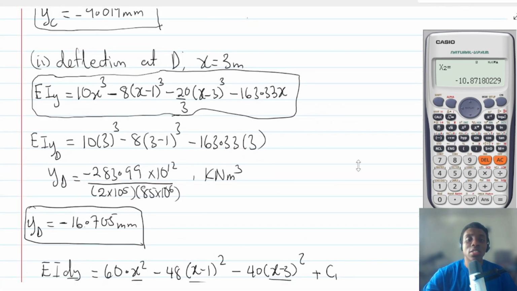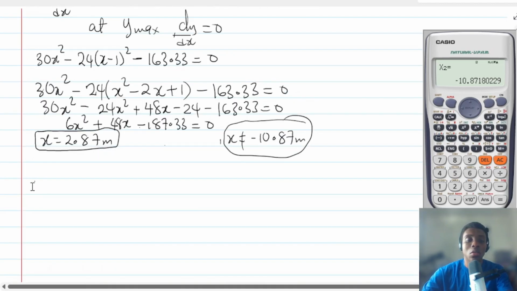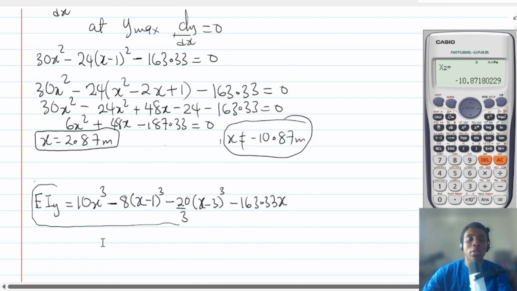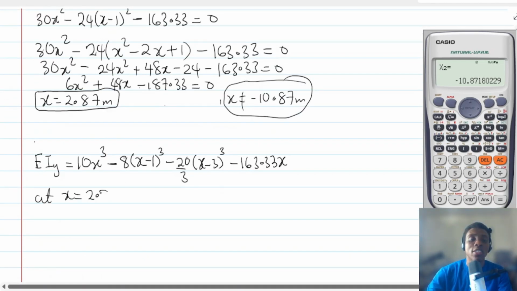The deflection equation is here, let me copy it down here. Okay, so this is the deflection equation. Now that we have 2.87, we will put it inside. At x equals 2.87, y is y max.